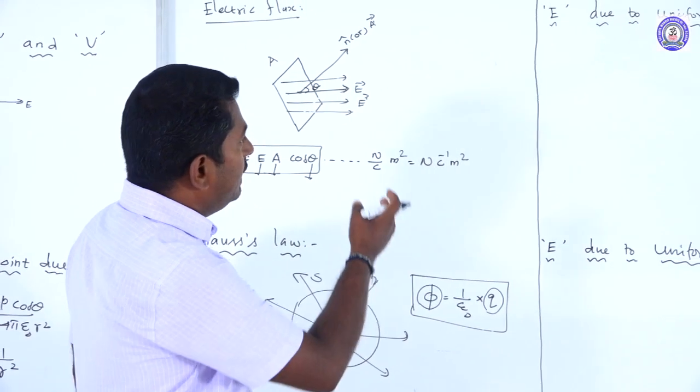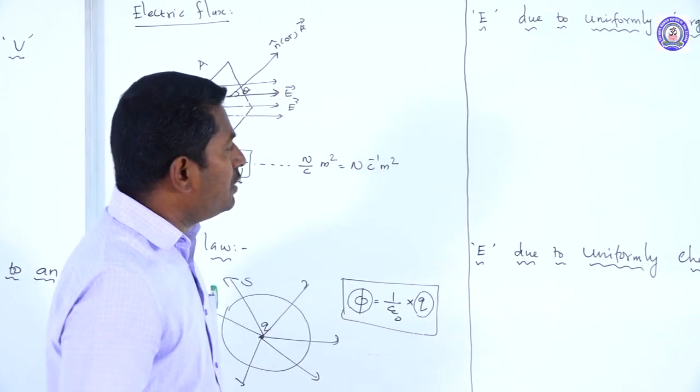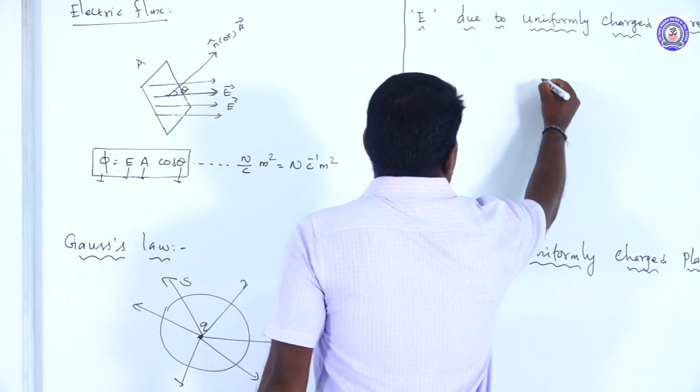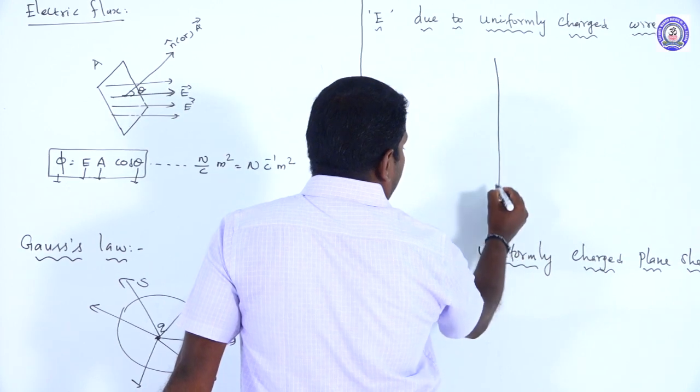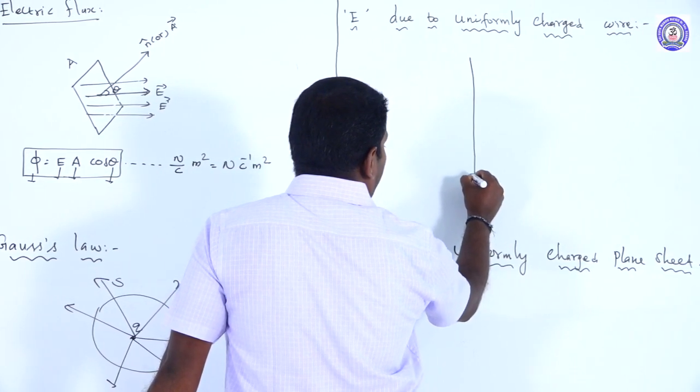One application is the electric field due to a uniformly charged wire. Let us consider an infinite, uniformly charged wire possessing a positive charge.